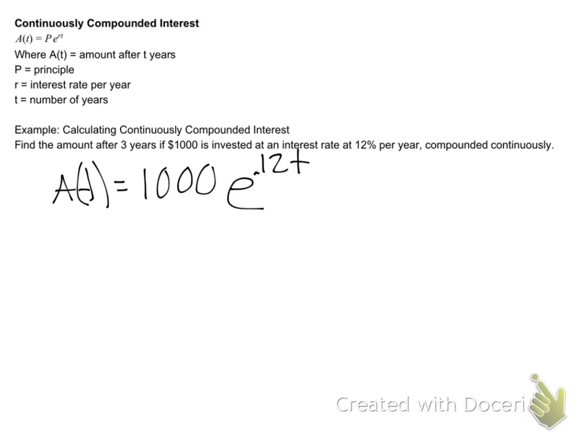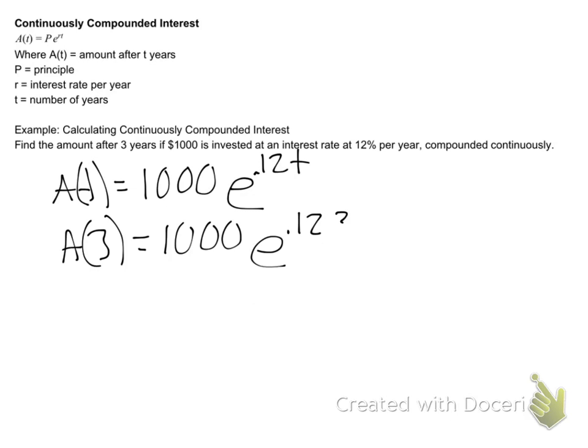And so now if I want to know A of 3, it'd be 1,000 times e to the 0.12 times 3. And when we put this onto a calculator, that ends up being 1433.33.